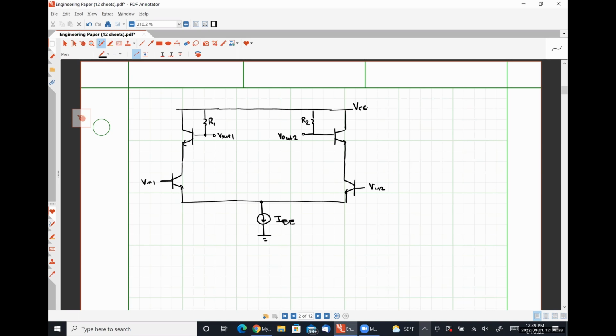So this is part A, I believe. In my opinion, this is the harder of the two circuits that I asked you to analyze. So let's start. Is it symmetrical? Yes. Okay, so that means our half circuit is supposed to look like this.